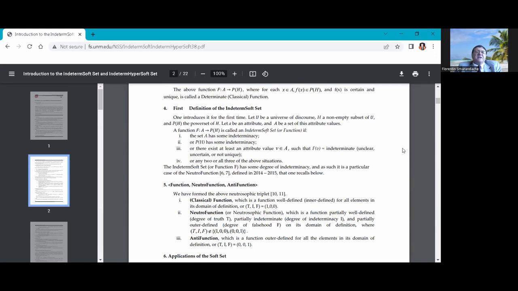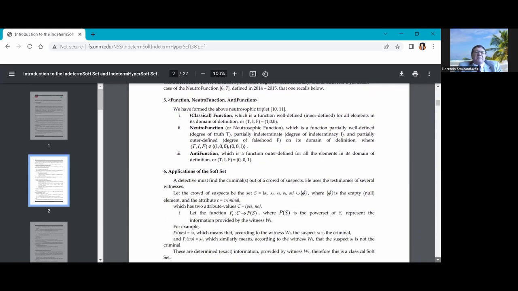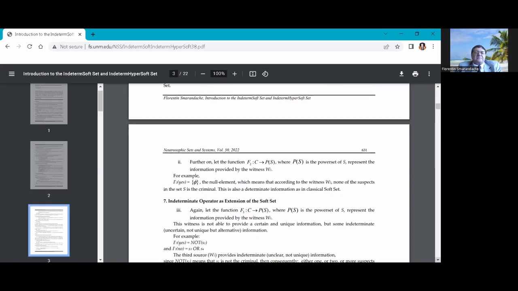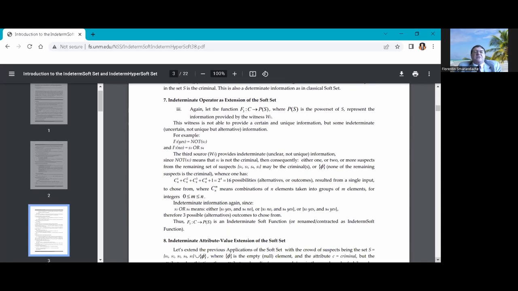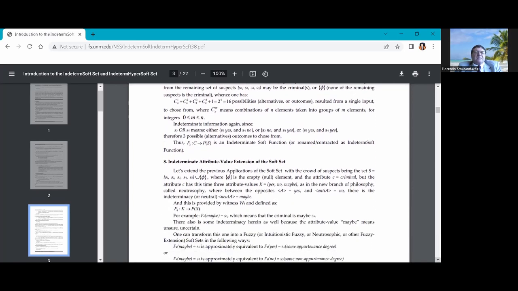So the indeterminate subset is the soft set F defined for A with respect to P of H, but in such a way that we have some indeterminacy with respect to the function or the set of attributes or the power set of H. And such examples of hyper indeterminate subsets.